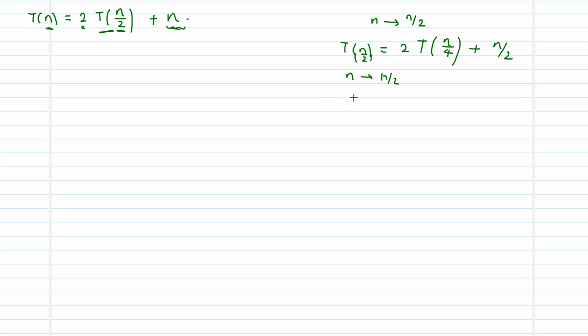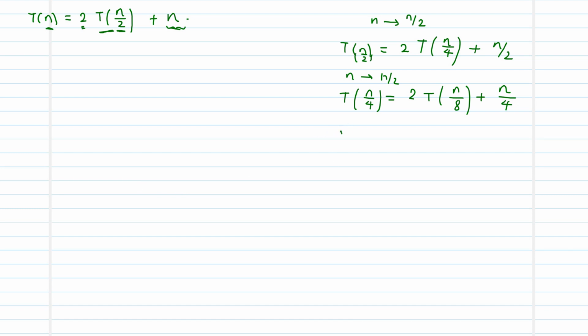Now this T of n by 2, if you replace n by 2, it will become T of n upon 4, which is equal to 2 times T of n upon 8 plus n by 2 replaced by n by 2, which is n upon 4, right?